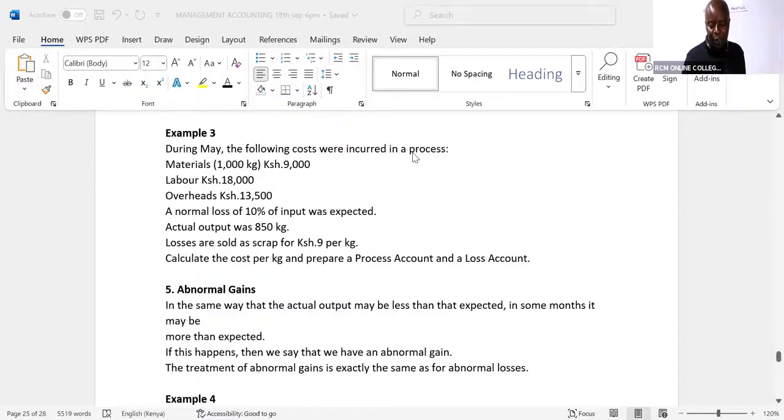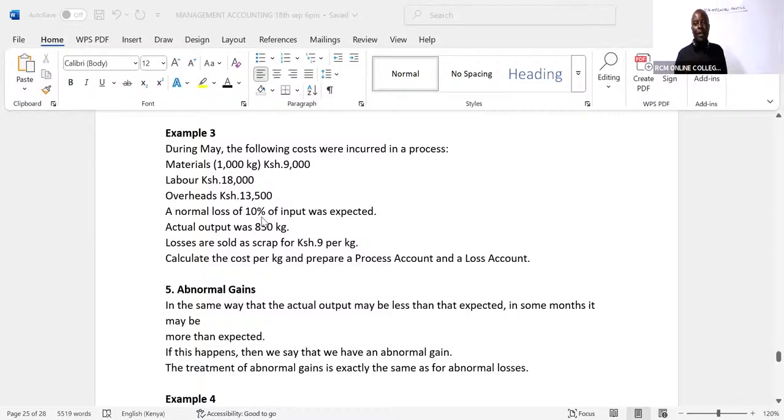Materials were 1,000 kilograms, which cost us 9,000 Kenya shillings. Labor was 18,000, overheads were 13,500. Normal loss is 10% of the input. Actual output was 850 kilograms. Losses are sold as scrap for Kenya shillings 9 per kilogram. We are to calculate the cost per kilogram and prepare a process account and a loss account.